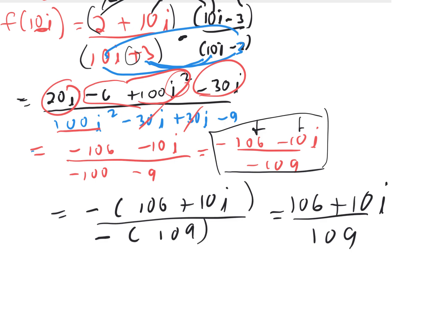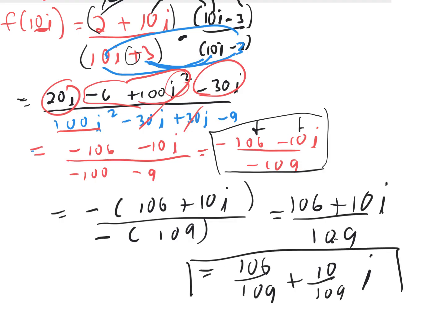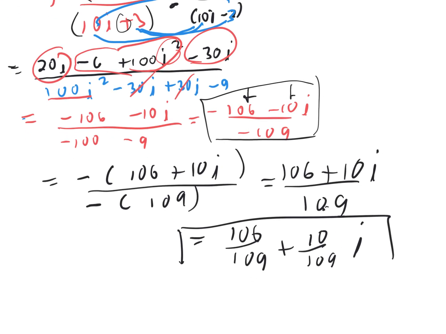And then remember what we said? We could create that as two different fractions. That 109 becomes a denominator twice. 106 over 109, there's your real part, plus 10 over 109i. That's very common. So my guess is they're probably going to give, maybe they gave me this answer up here. It's what I just got up here, but I can see all those negatives.